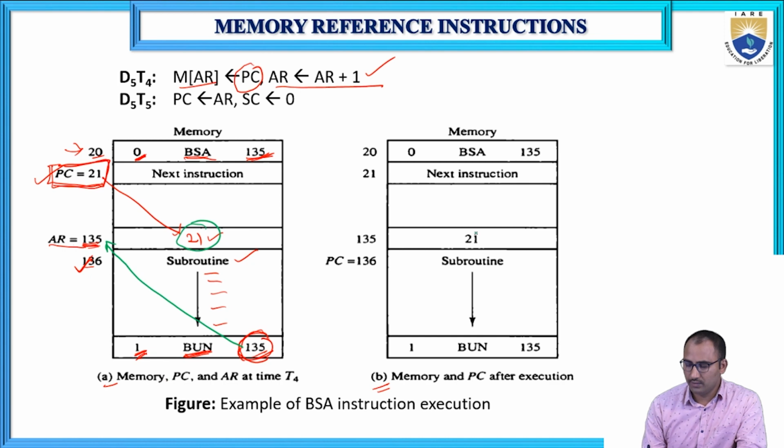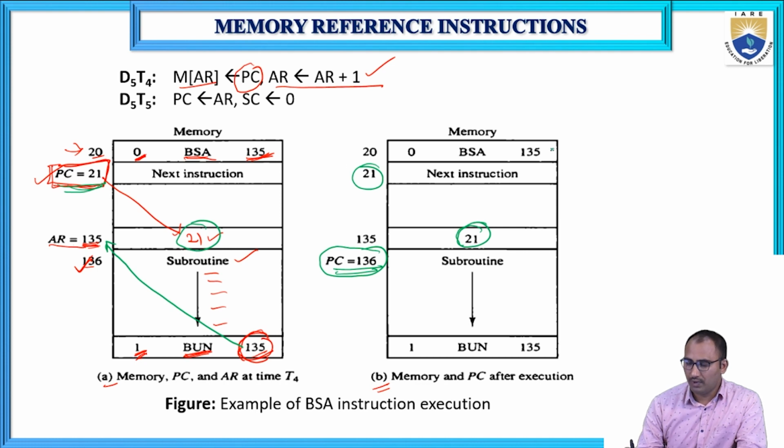So see here. After execution, what are the contents of the program counter? It is 136. Before execution, the program counter is 21. But after execution, the program counter value is 136 and the return address. So this is the return address.